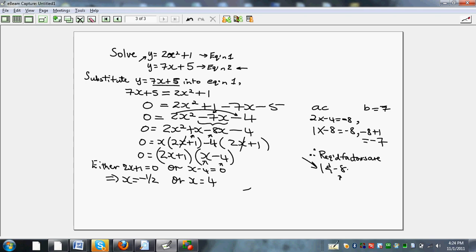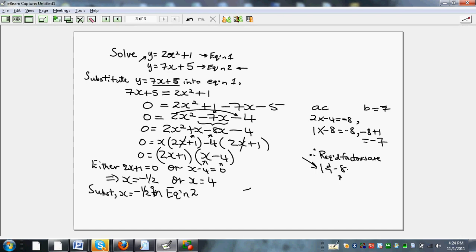We now have to find the values of y by substituting the values for x into equation 2. So we'll substitute x equal to minus a half in equation 2. And what will we get?